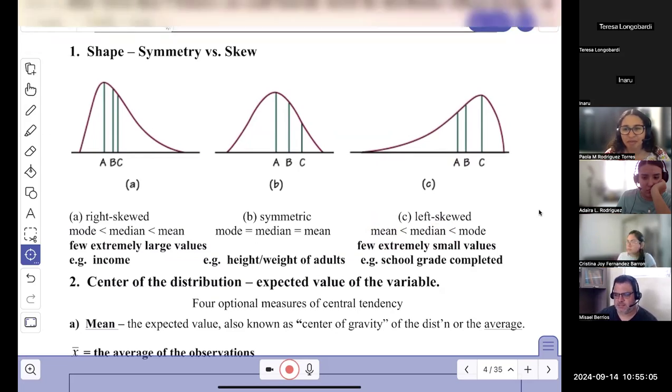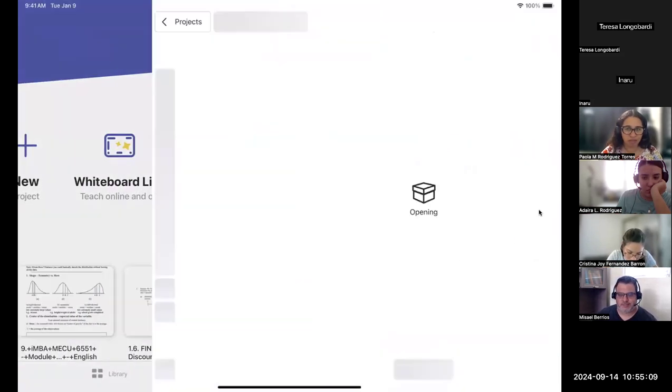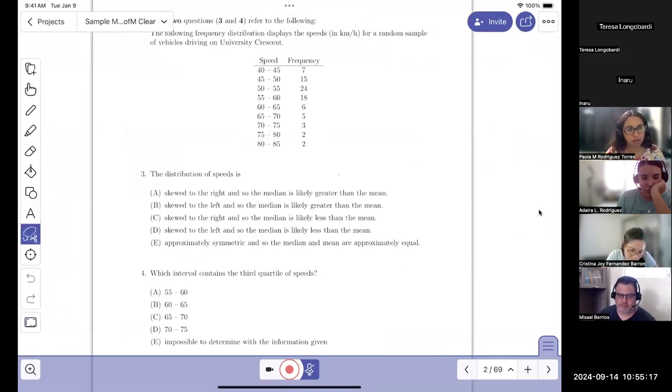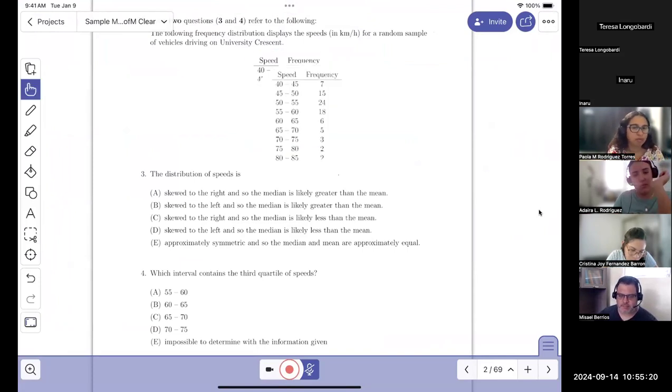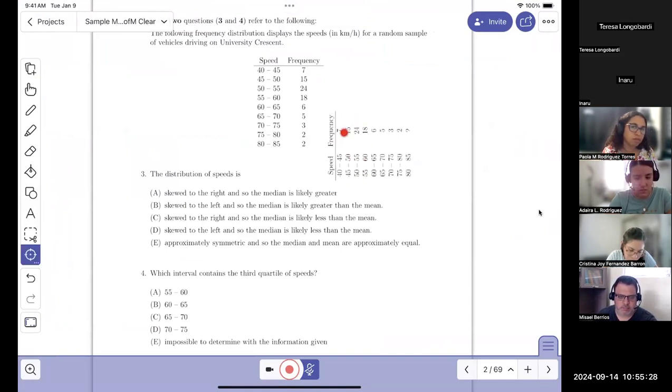So I go back to the question. What I see here, if I flip the data, is most of the data over here and then a few observations on the right. So this is right skewed.